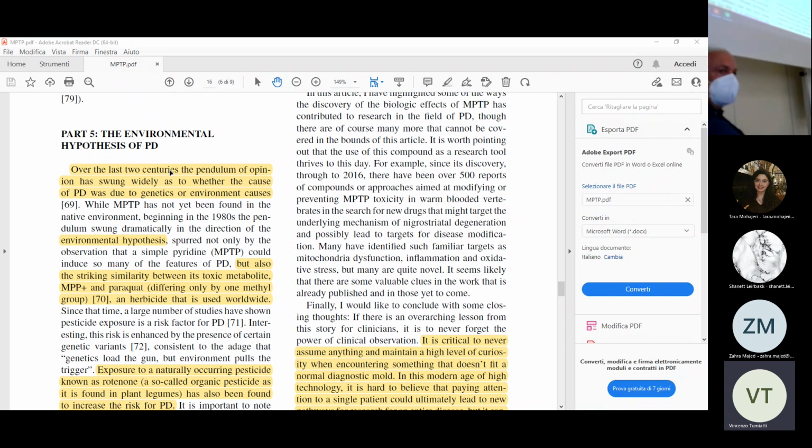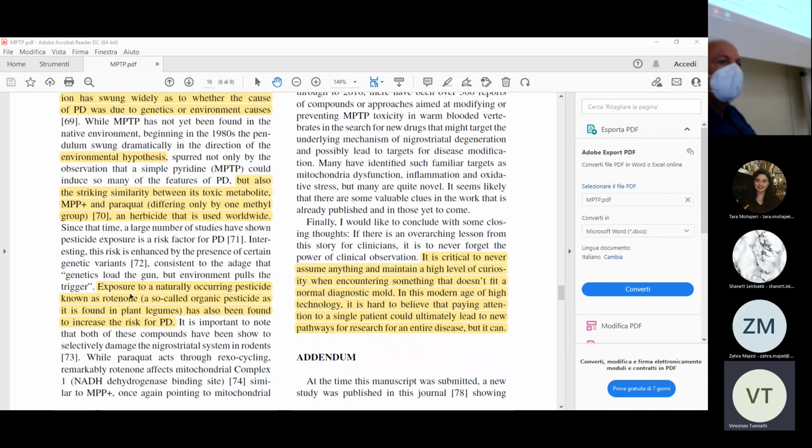Or genetic. So the discovery of this type of toxin increased the score of the environmental hypothesis.